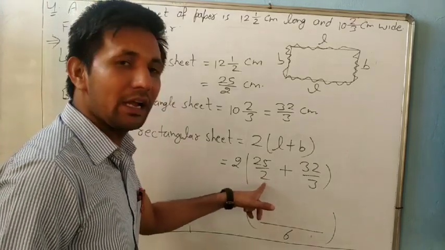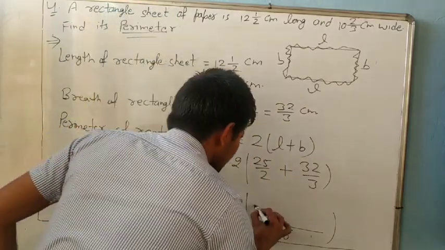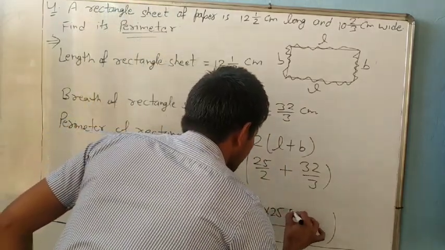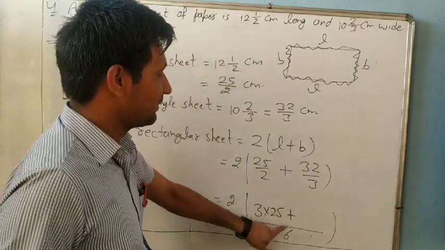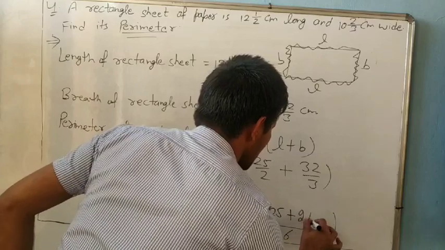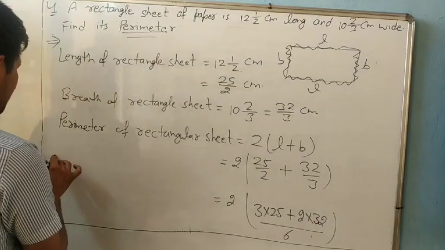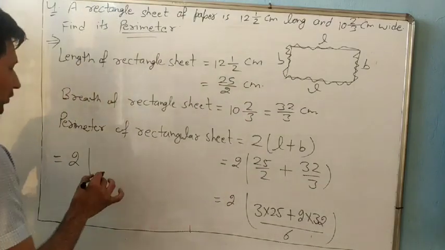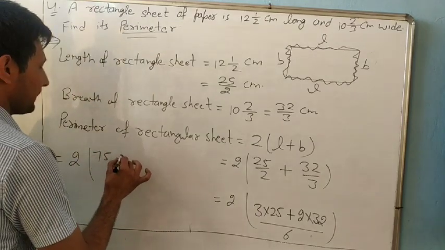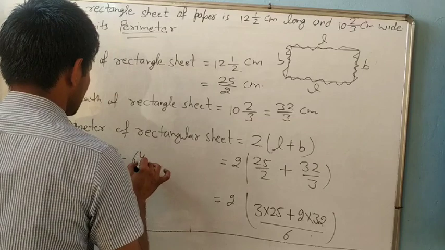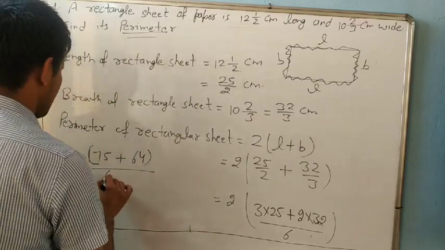Next step: LCM divided by denominator. 6 divided by 2 is 3, and 3 into 25. Same as that, LCM divided by denominator: 6 divided by 3, what do we get? 2, and multiply it by the numerator. So 3 into 25, 75, plus 2 into 32, 64, divided by 6.